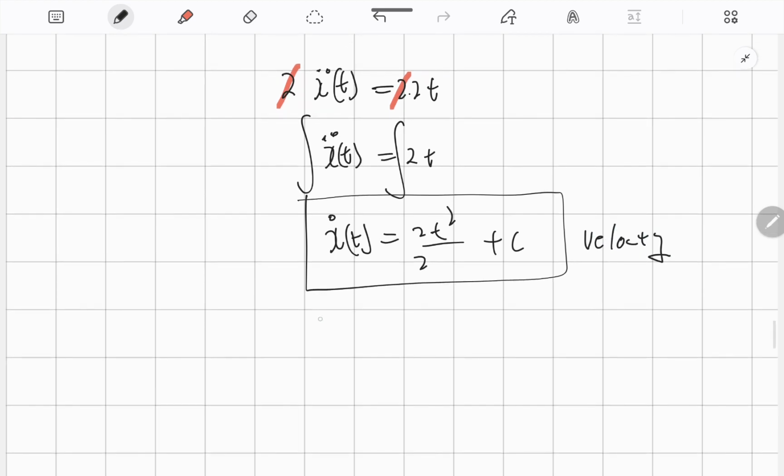velocity, but we know that the velocity at time 0 was equal to 0. So if we plug in 0 here, we get 0 here, and we get c is equal to 0. So this will just disappear.